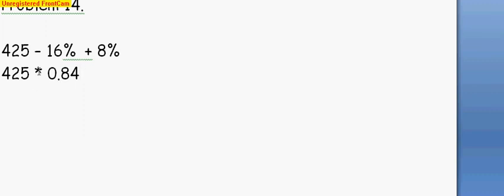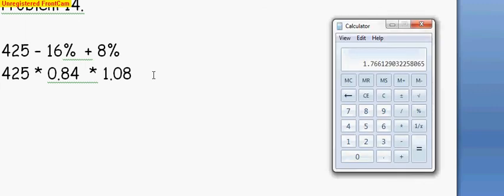So 425 times 0.84 times, now if you add 8%, that means 100% plus 8% is 1.08. This means 108%.